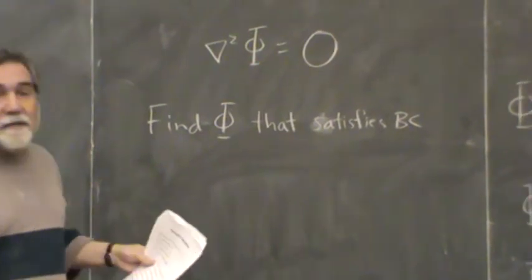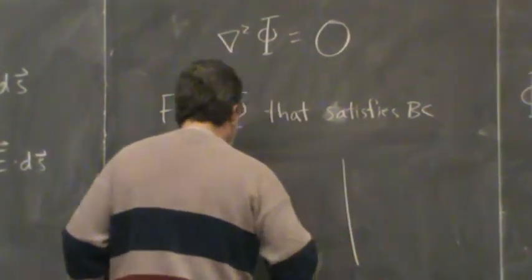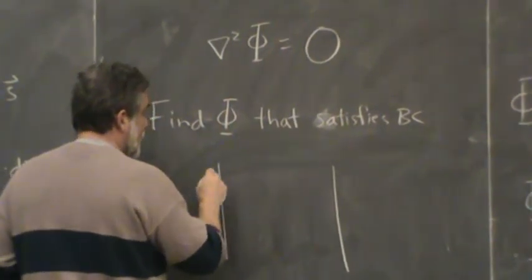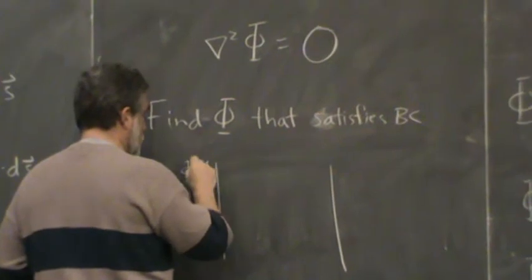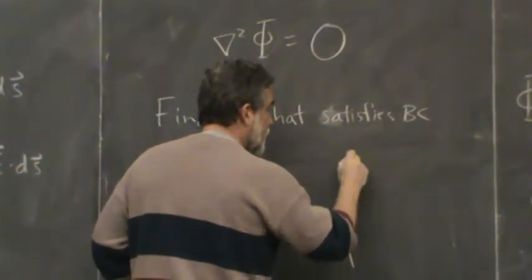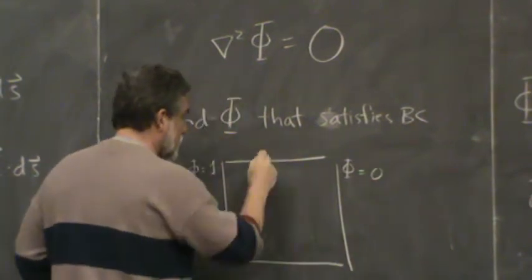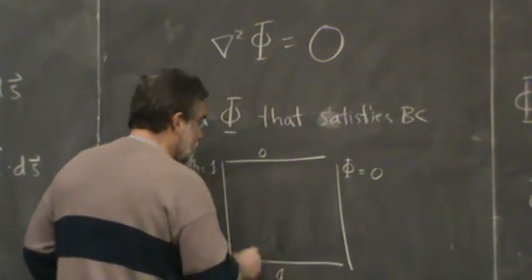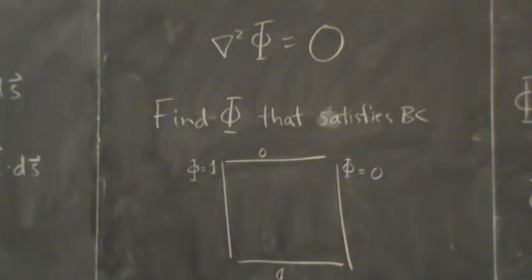Okay? So for example, I might have a problem where I set the potential at this surface equal to 1, and I set the potential over here equal to 0, and I set the other surfaces equal to 0. Now I know the value of the potential on the boundaries.